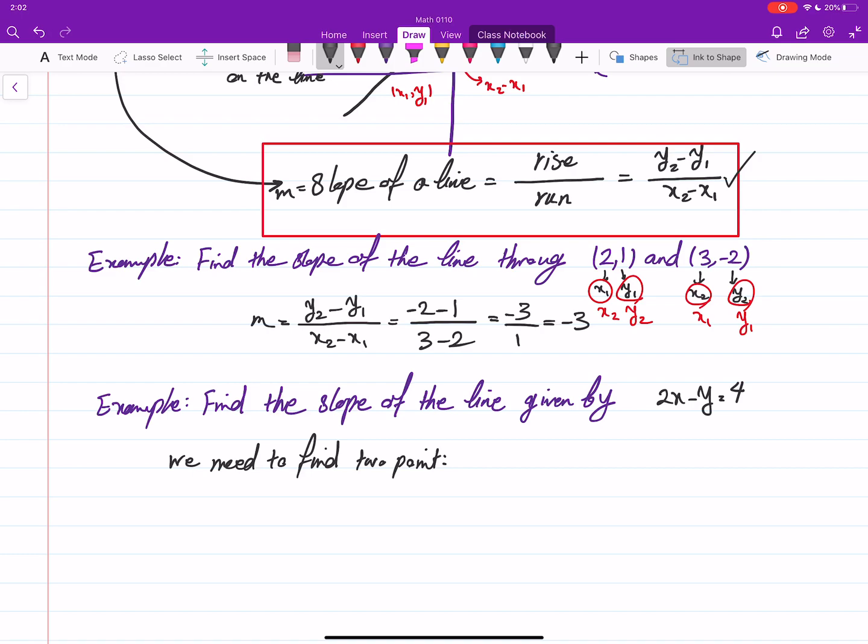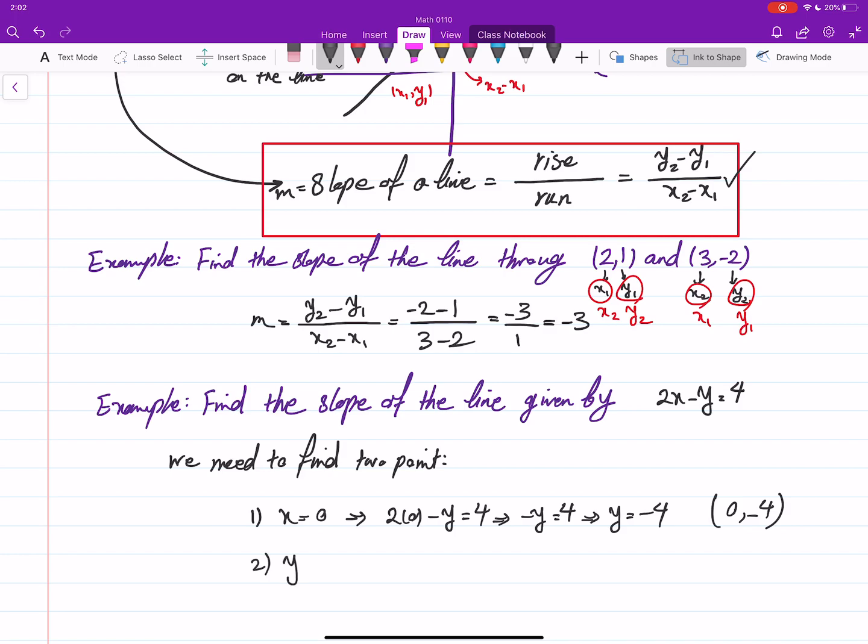For example, point 1: plug in x equal to 0, then we have 2 times 0 minus y equals 4, then negative y is equal to 4 and y is negative 4. We found 1 point. Plug in another value.